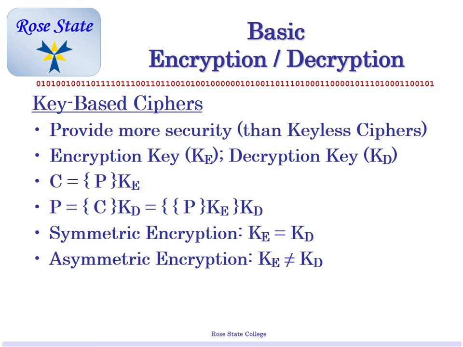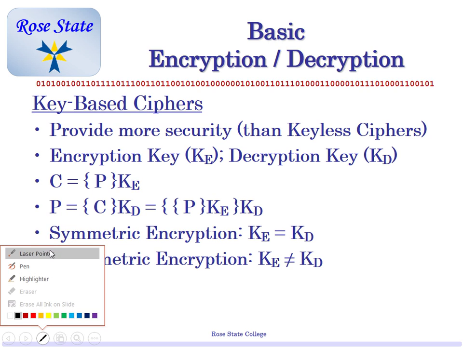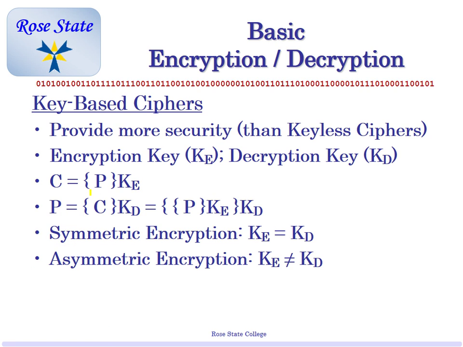So key-based: we encrypt something with a key. You see the K and the E. The key we encrypt with is the encryption key, and the decryption key is the D instead. So we take our plain text, encrypt it with the key to get our ciphertext.